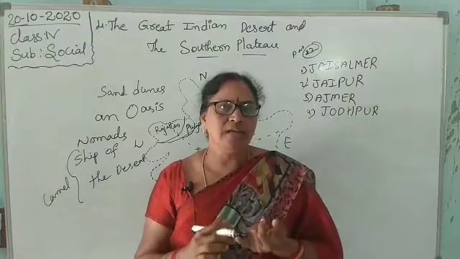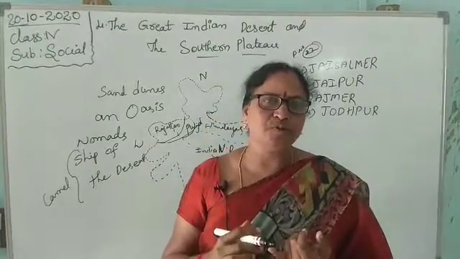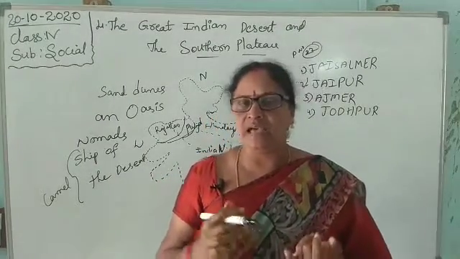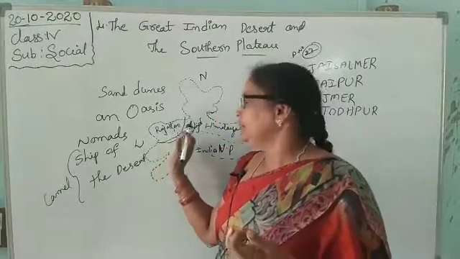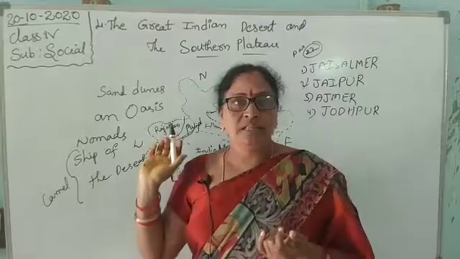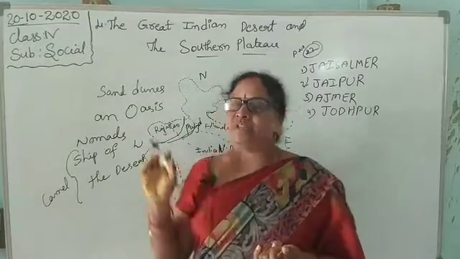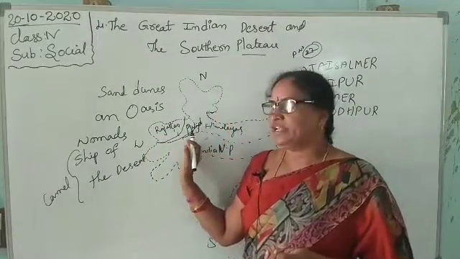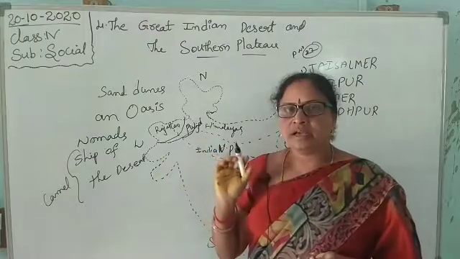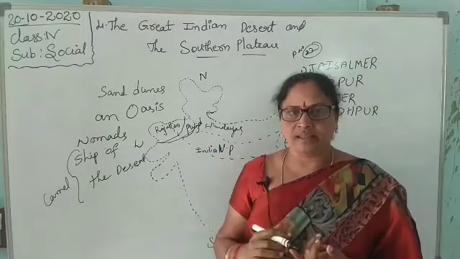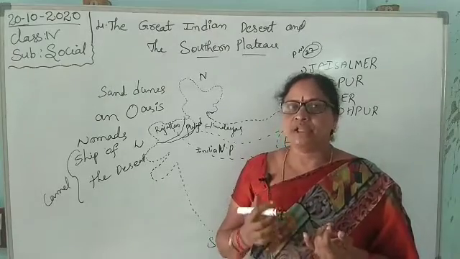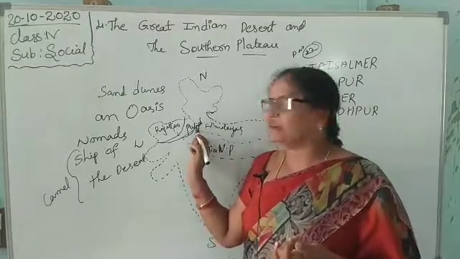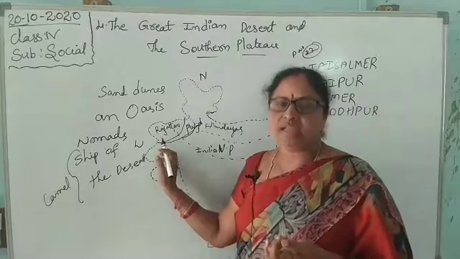It means the government has taken some steps to turn this desert area into a greenland. They are taking water from the Satluj river in Punjab, through a great canal. It is the Indira Gandhi canal, also called the Rajasthan canal, which is supplying water from the Satluj river to Rajasthan in the desert.